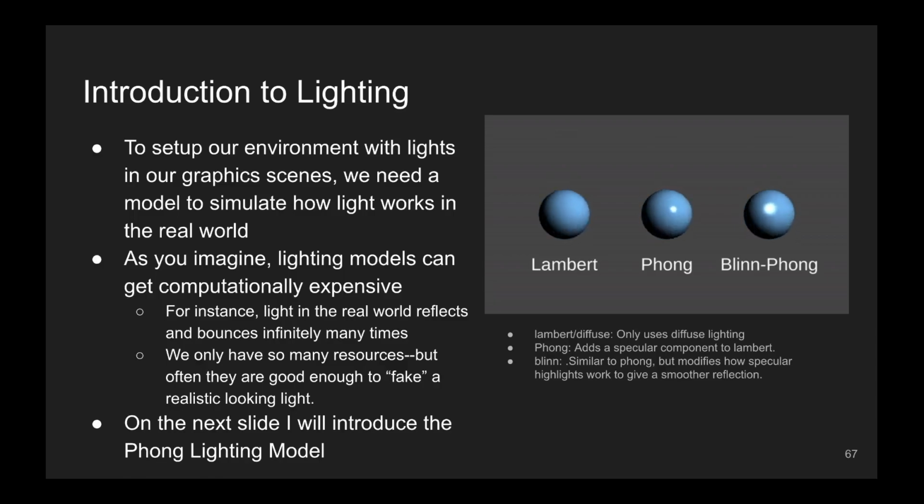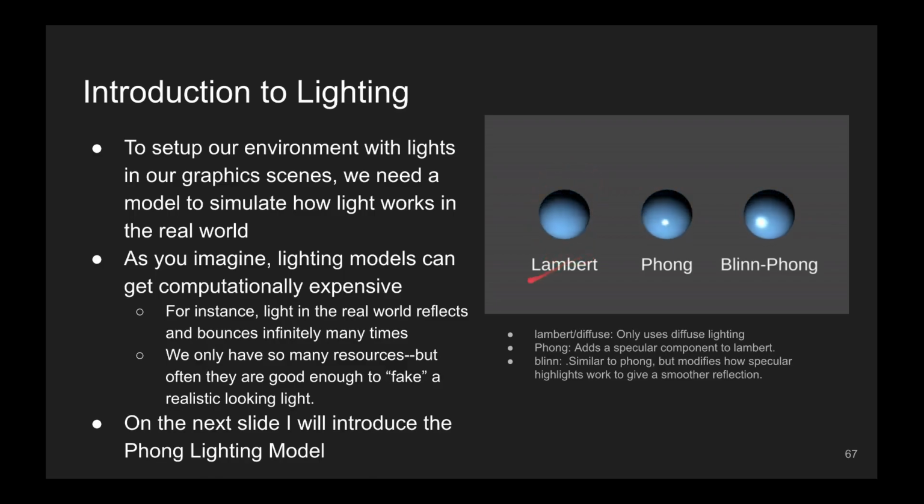And you can sort of see, depending on the different lighting models, so here are 3 spheres in the different lighting models, what kind of lighting you get. Okay, so if you take a flashlight and shine it on a ball like this, I don't know, a basketball or something you can shine a light on, you'll notice it behaves in different ways depending on the texture and so on.